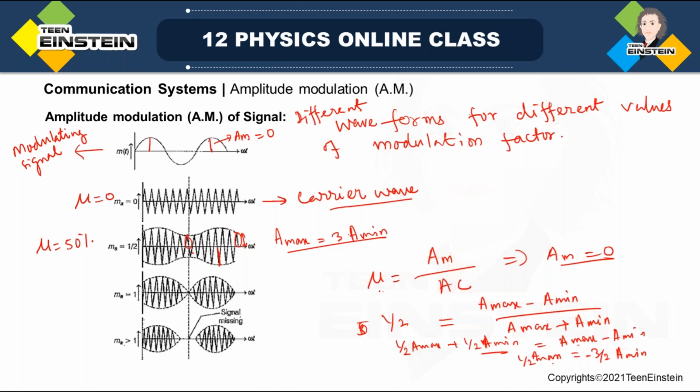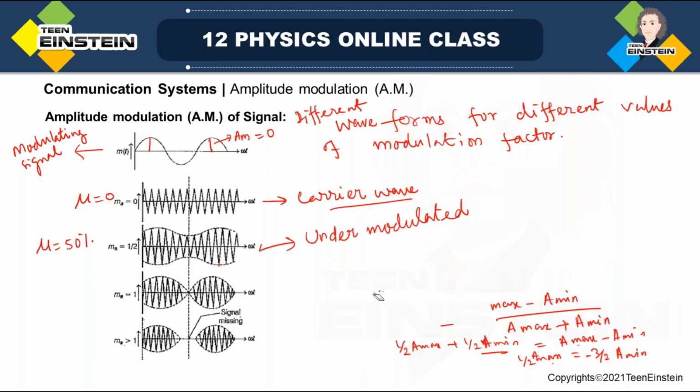So this modulated carrier wave is called under modulated. This waveform is called under modulated. You have to remember sometime what is called under modulated and what is called over modulated. And what is the condition? The mu has to be 50%, and for that case, the maximum amplitude will be 3 times the minimum one.